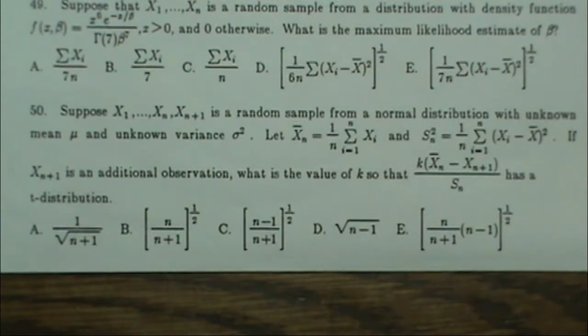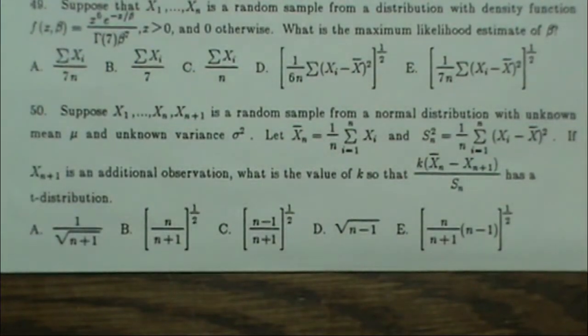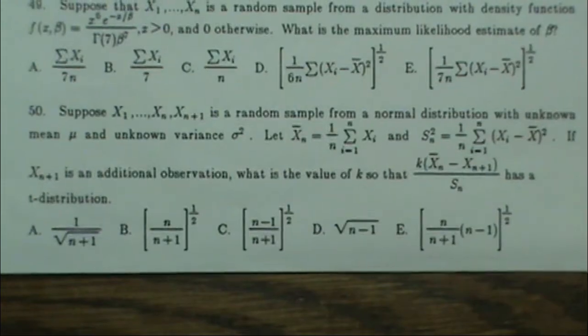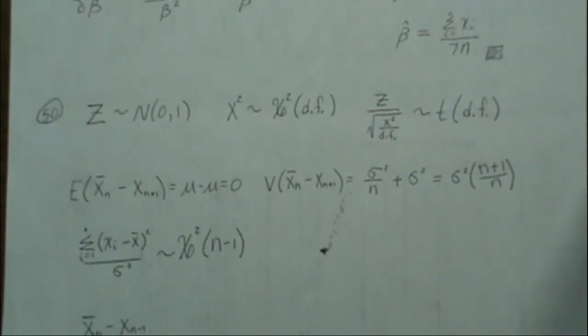If xn plus 1 is an additional observation, what is the value of k so that this quantity has a t-distribution? Problem 50 asks us to find the value of k that makes it a t-distribution.